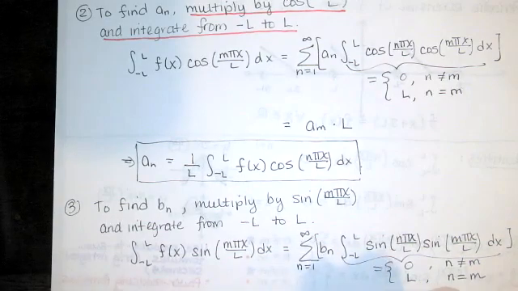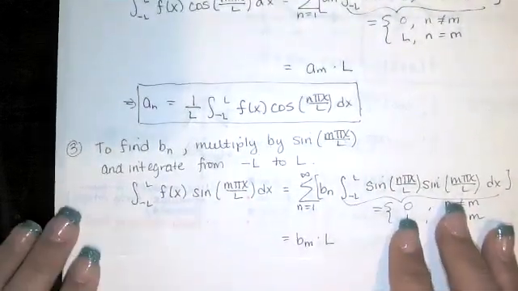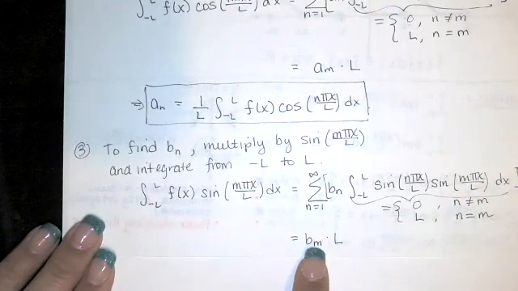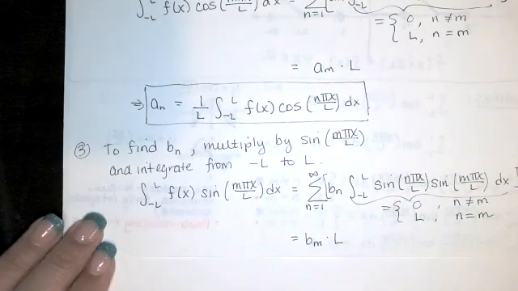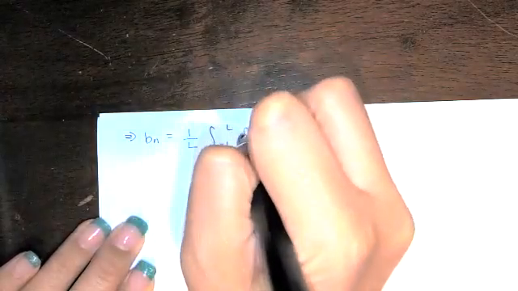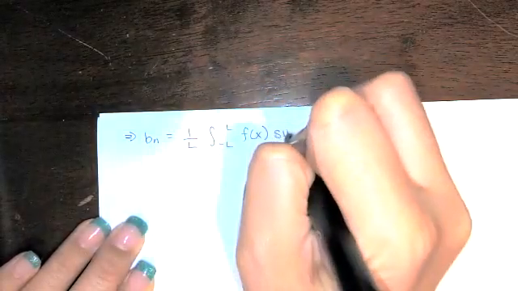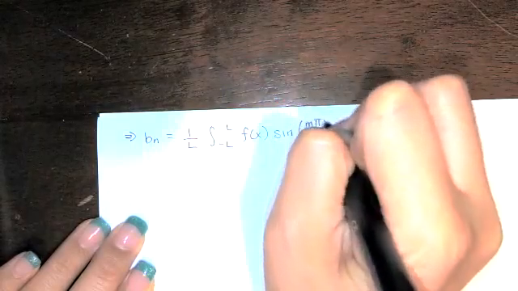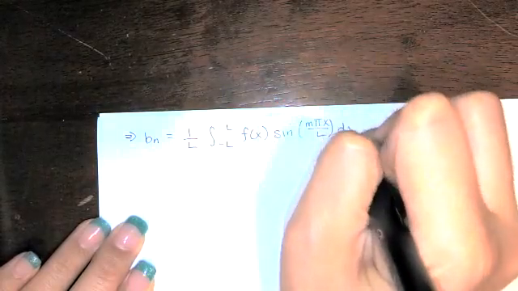So I'll have b sub m times L, and then you can solve this for b sub m and then replace the m's with n's to get the formula for the b sub n. So b sub n equals 1 over L times the integral from negative L to L of f of x times sine of m pi x over L dx. Last formula.